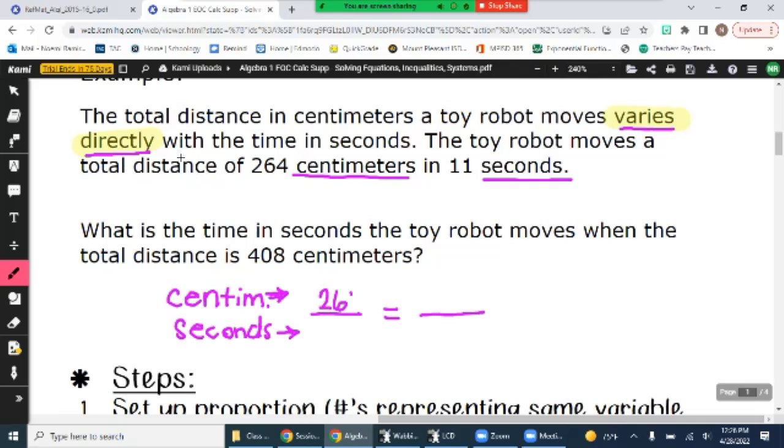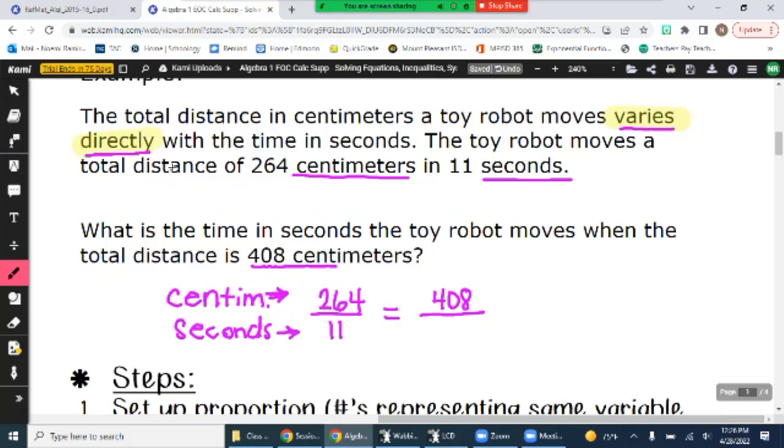So 264. The next number that they give us is the number 11. That represents seconds, so it goes on the bottom. 11. And the very last number they give us is 408 what? So that's going to go where? Top, and on the right, because remember, you want to fill it in from left to right.